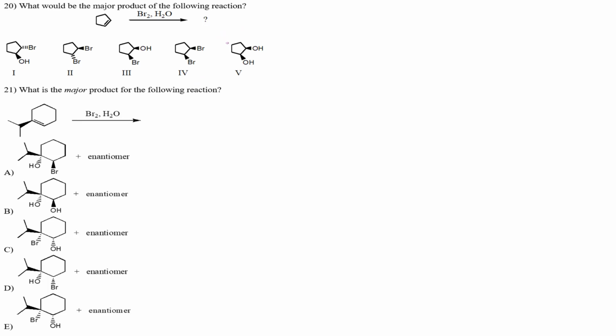So when this happens, you should have a trans relationship, and you should have one bromine, or chlorine or whatever, and then one OH. So 5 is wrong because you have 2 hydroxides. 4 is wrong because you have 2 bromines. 2 is wrong because you have 2 bromines. And then 3 is wrong because they're not trans. So it's going to be A.